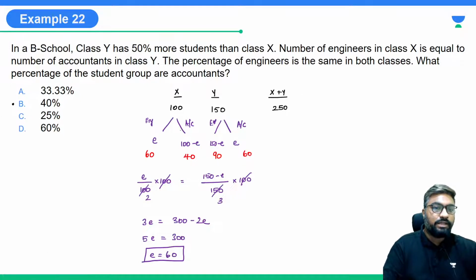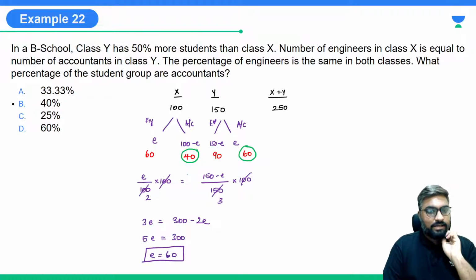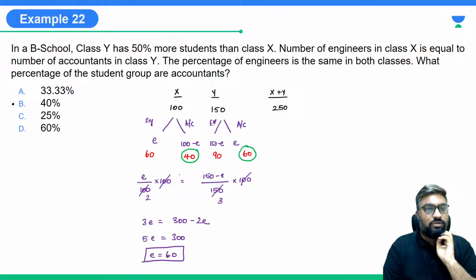So how many accountants are there? Totally in 250 students, 40 and 60, there are 100 accountants, correct? Yeah, correct, that has to be there, no? It will be there for sure. Done.